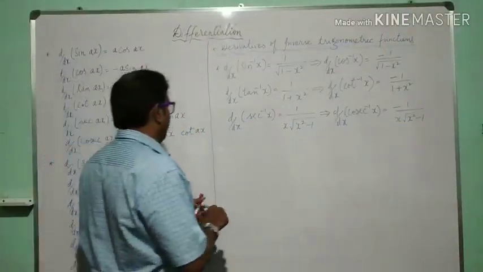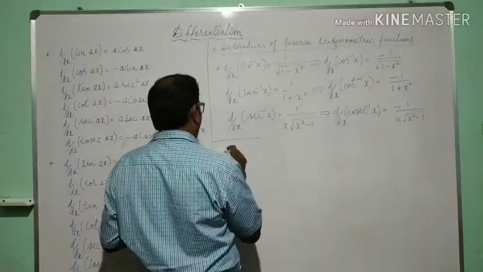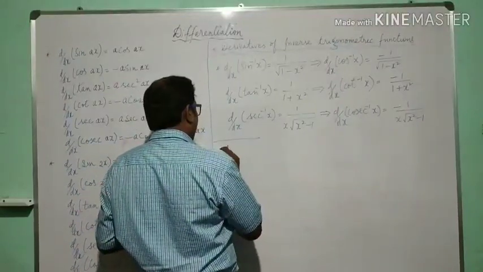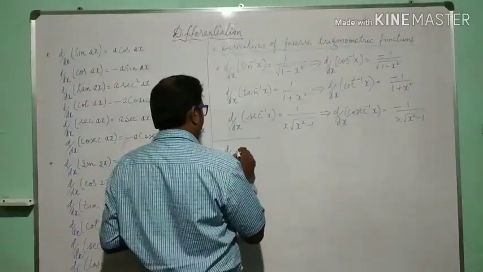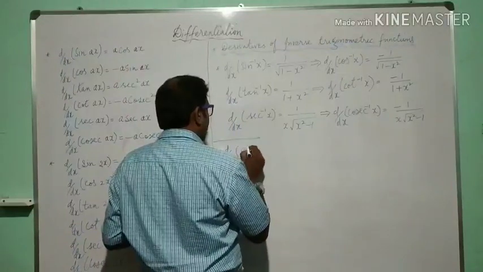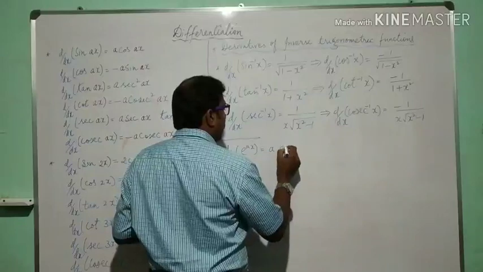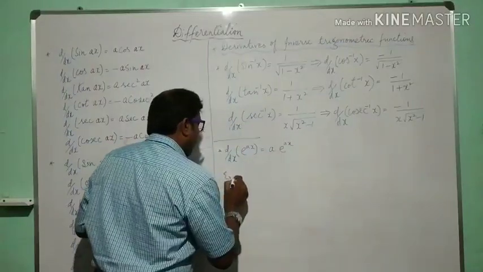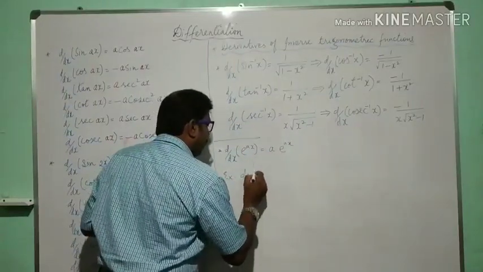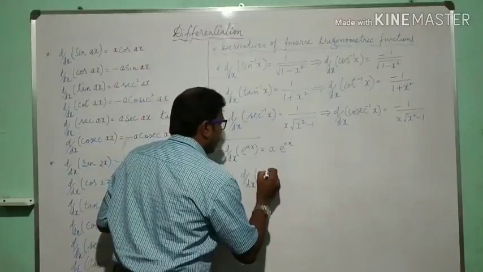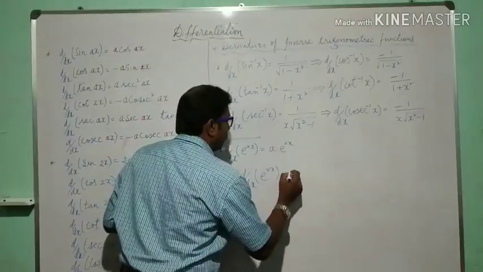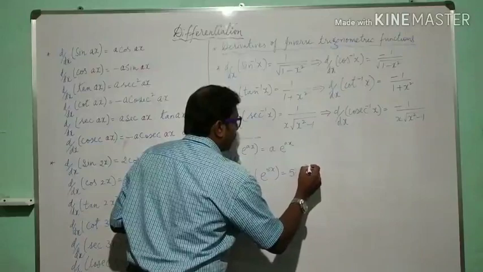Further, derivative of e power ax is a into e power ax. For example, derivative of e power 5x is 5 into e power 5x.